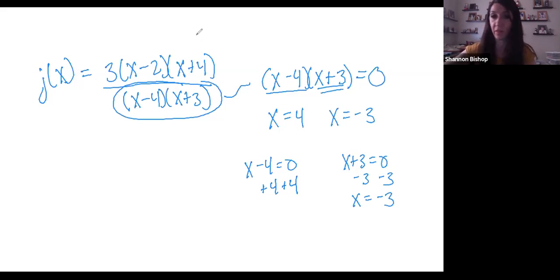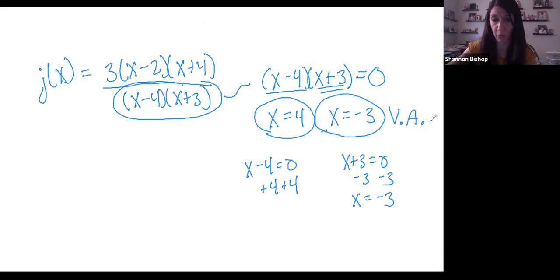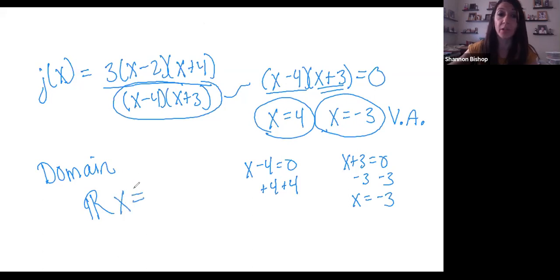So if these numbers are your errors, aka your vertical asymptotes, well then the domain would be everything. You can plug in whatever you want, except those numbers.